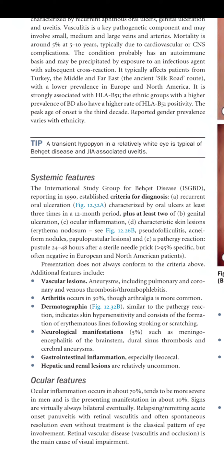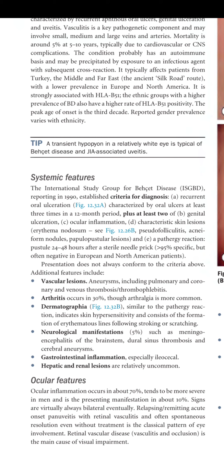Presentation does not always conform to the criteria above. Additional features include vascular lesions, aneurysms including pulmonary and coronary, and venous thrombosis and thrombophlebitis. Arthritis occurs in 30%, though arthralgia is more common. Dermatographia, similar to the pathergy reaction, indicates skin hypersensitivity and consists of the formation of erythematous lines following stroking or scratching.